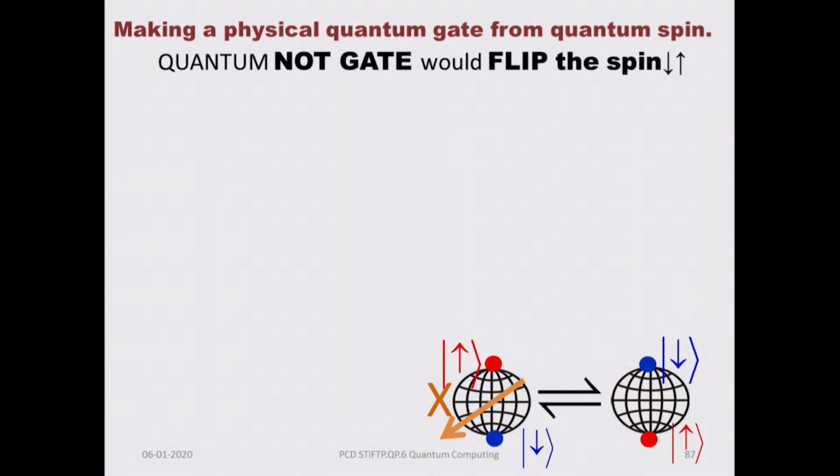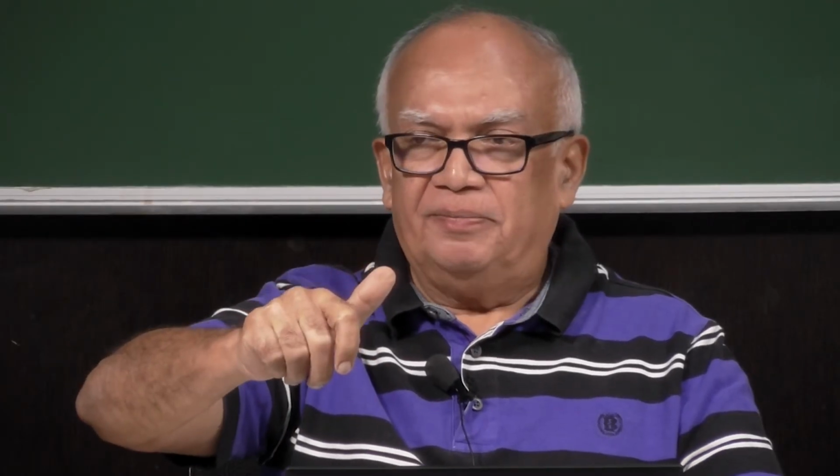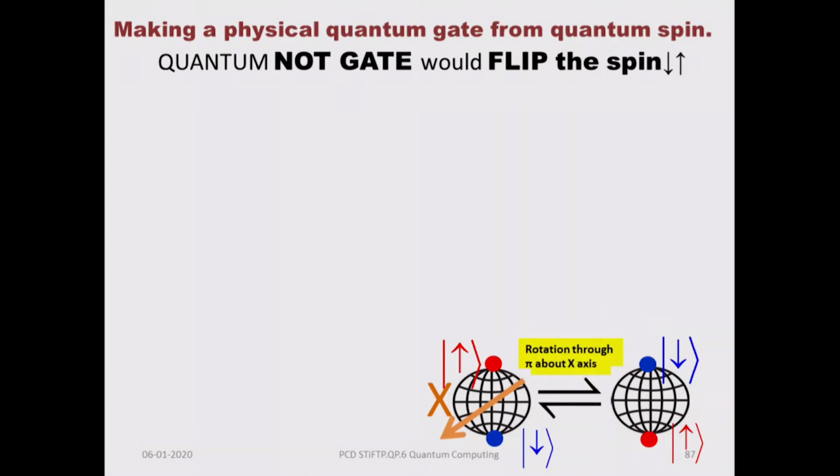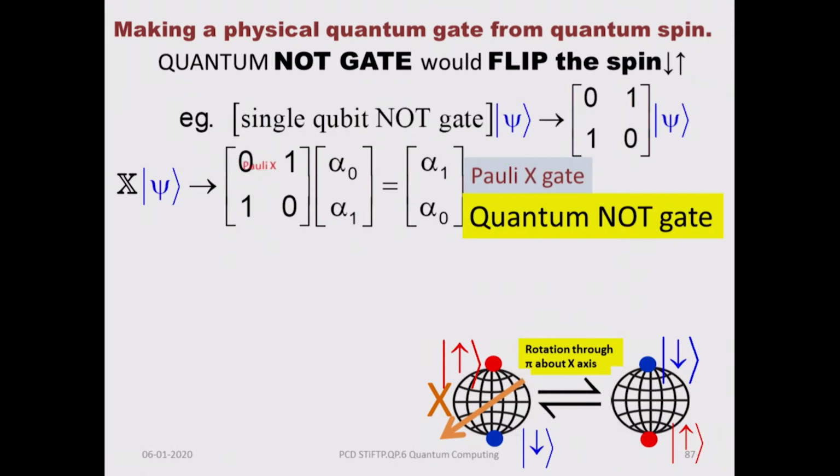It is a two-state system, just like 0 and 1. So you have a spin up and a spin down, right? And you have to flip it. So that's the picture you see at the bottom right. And that is what you have to achieve, which, as we have discussed in the previous class, you can do by rotating it about the x-axis through pi.